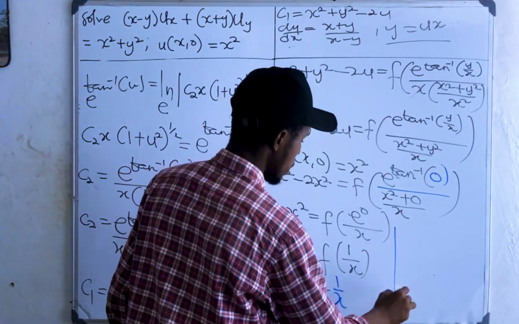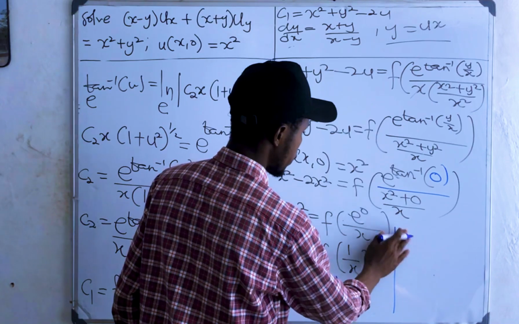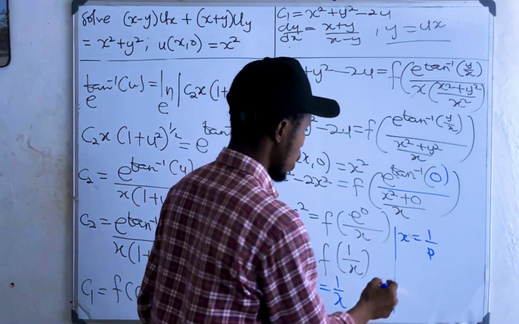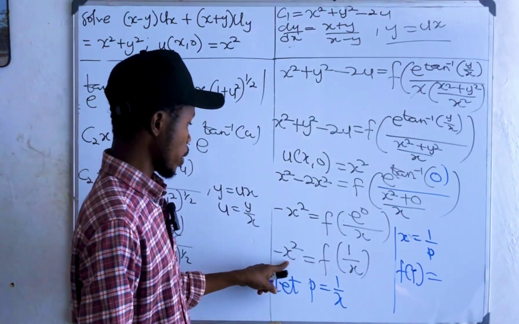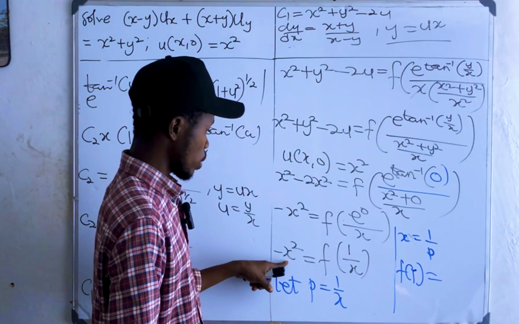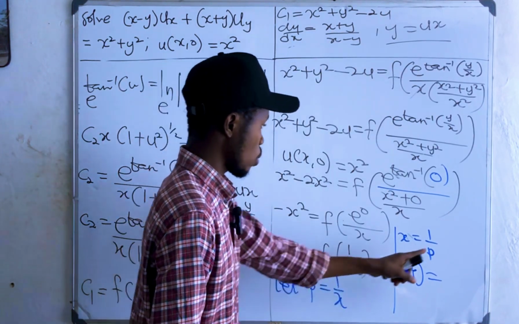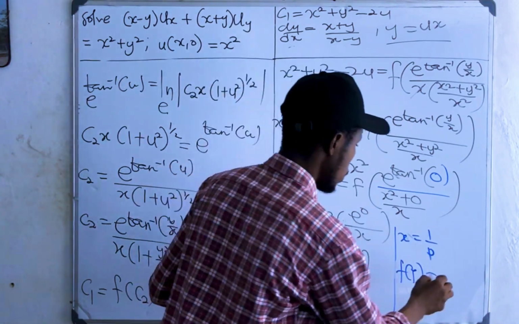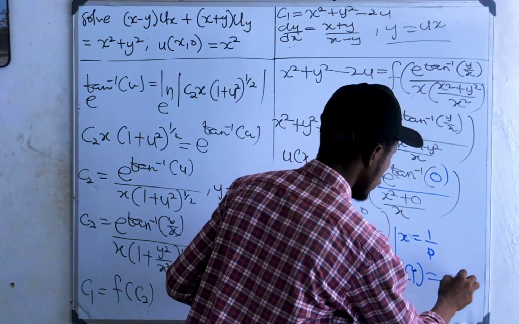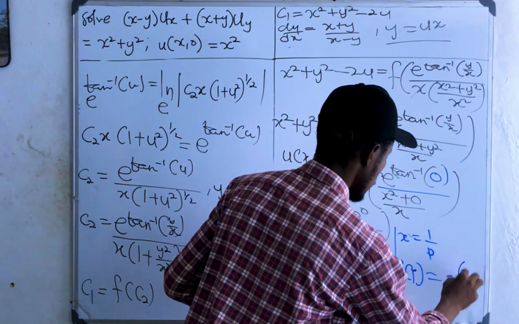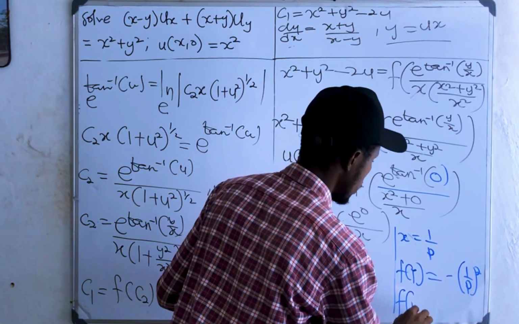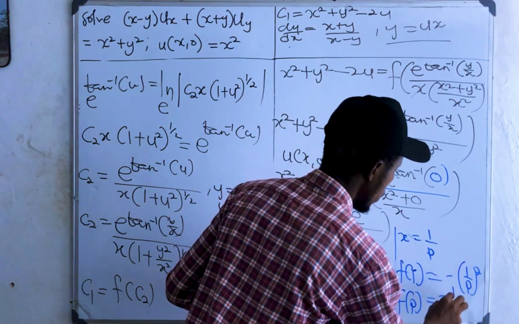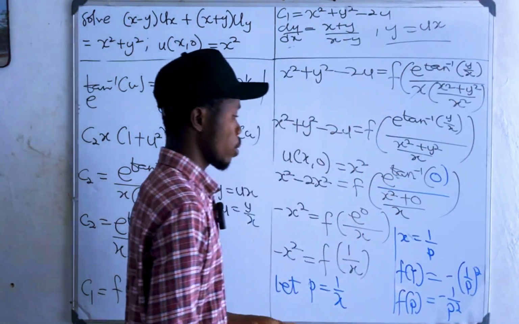What it means is that f at p is going to be, wherever you see x, you are going to put 1 over p there. So I'm going to have negative 1 over p, squared. So f at p is going to be negative 1 over p squared. Is that okay?